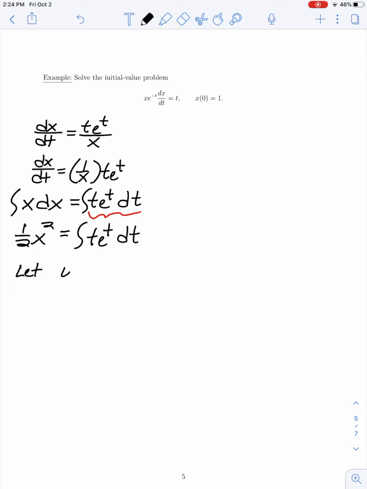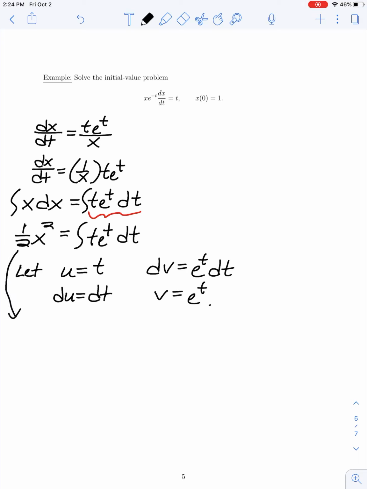So using integration by parts, if I choose u to be t, then dv would have to be the remaining part of my integrand, that is e to the t dt, in which case du would be 1 dt, and v would be e to the t power.